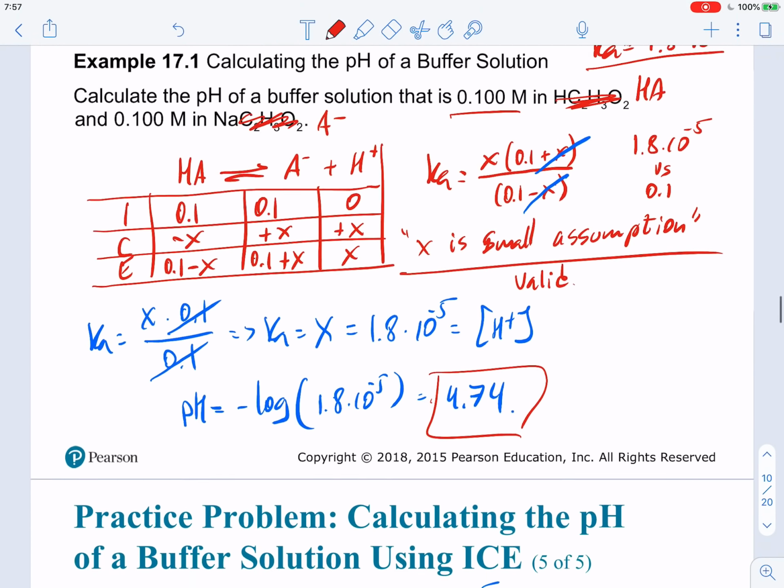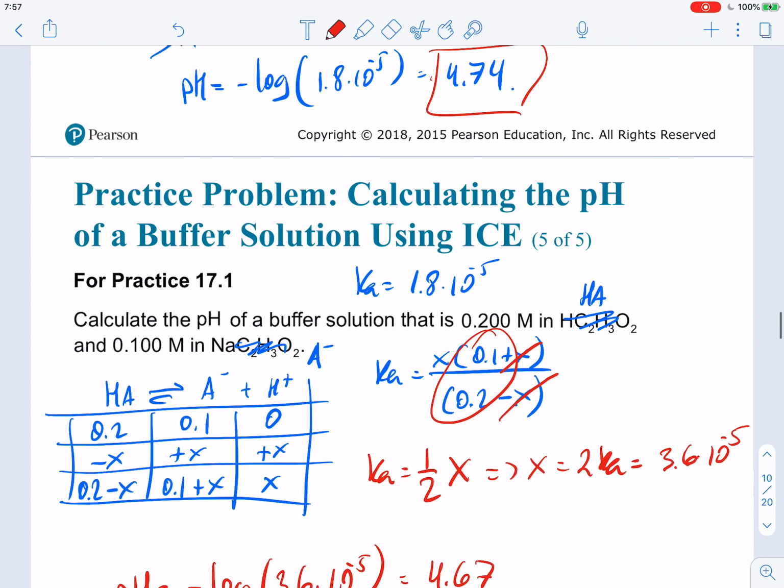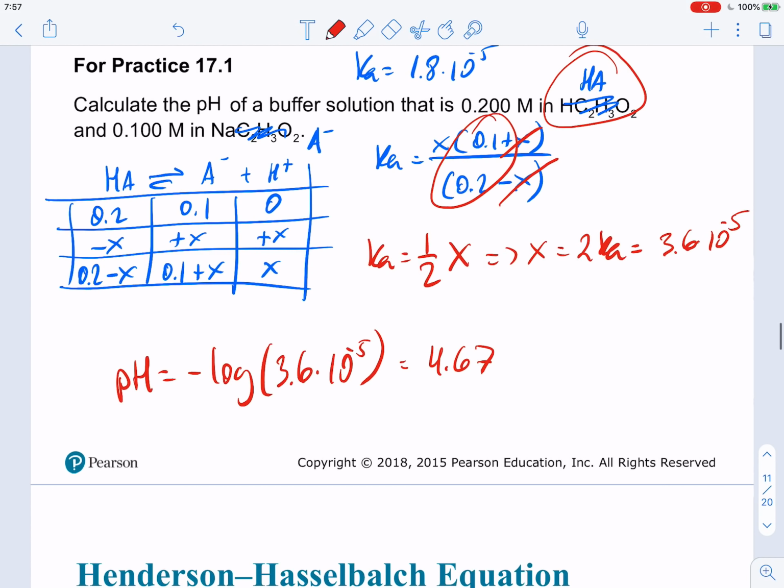Now you increase the concentration of the acid. Okay, you have twice as much acid as conjugate base, and your pH dropped a little bit. It went from 4.74 to 4.67, which is not such a big change. So you can say, well, you are doing a good job controlling the pH there.